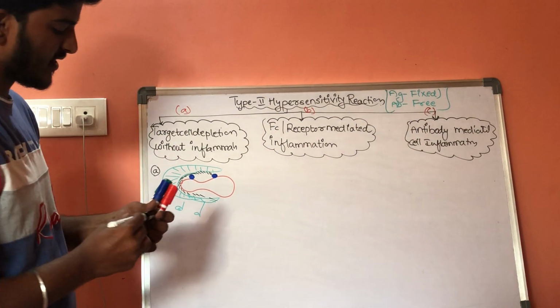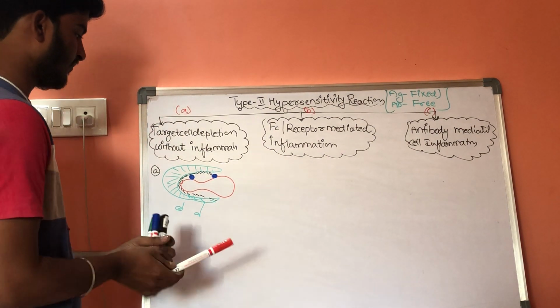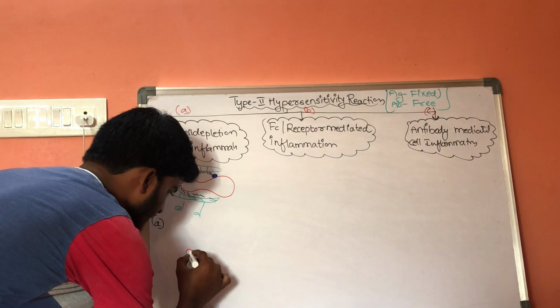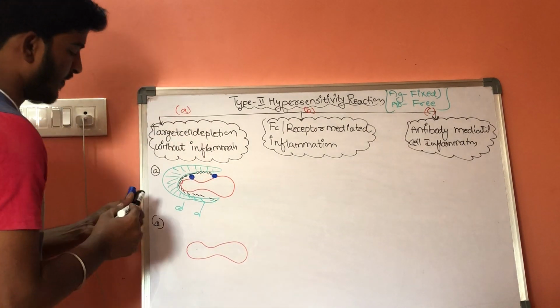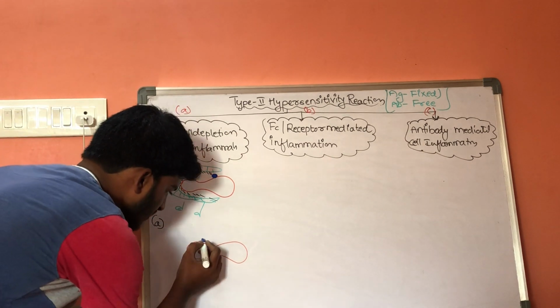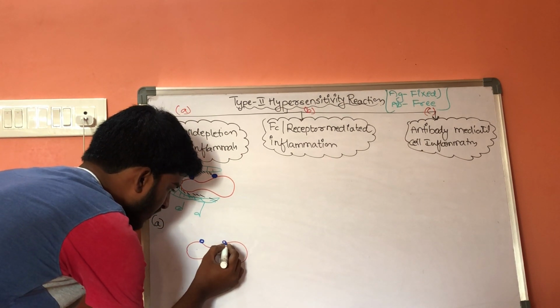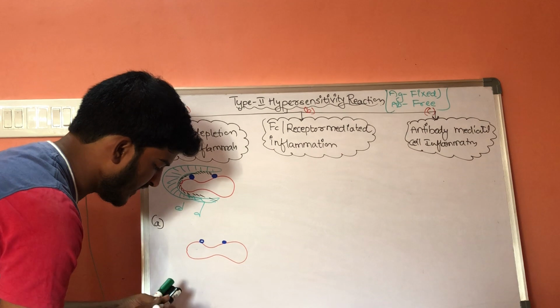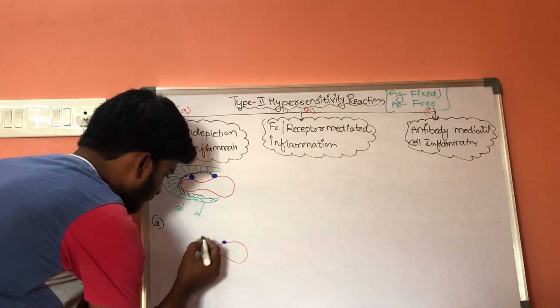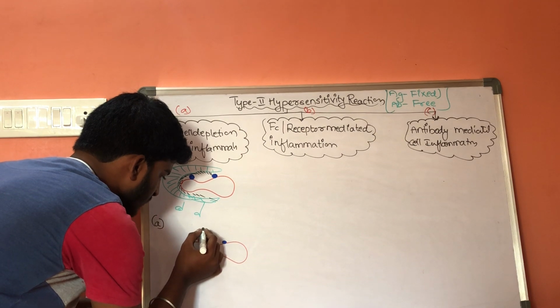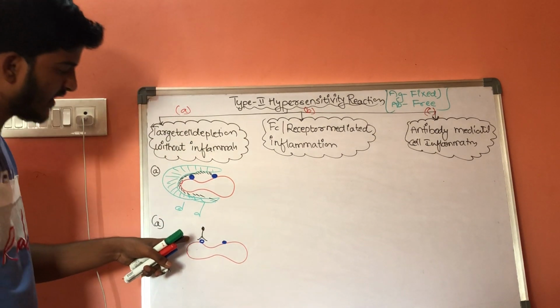Let us discuss another process. Let us consider this is an RBC. On the surface of the RBC, it consists of antigens. Whenever antigens are present, they will activate the antibodies. So this is the Fc portion of the antibody.